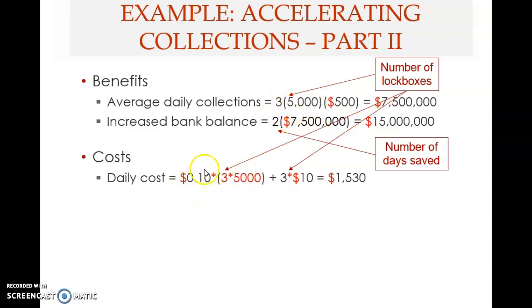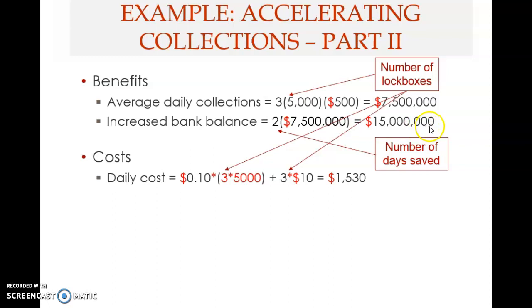Therefore, this will be the total amount of processing that the bank will charge you per day, plus $10 from every lockbox to transfer the funds at the end of the day to a central fund. So $10 for each lockbox. Therefore, there are 3 lockboxes, so this is $30. So it's $1,530. The total here is $1,530. This will be a daily cost.